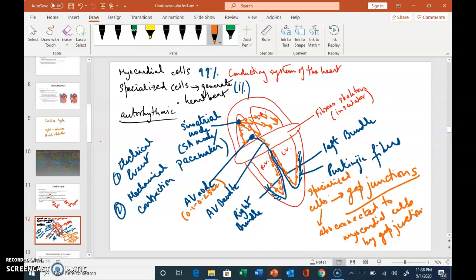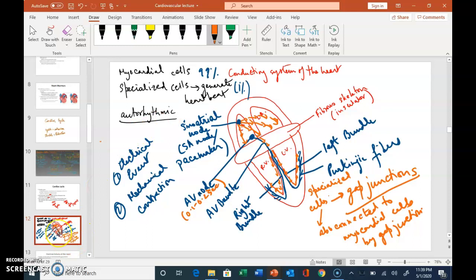So the wave of depolarization can spread from cell to cell all over the atria. Good. So remember that the specialized cells are connected to each other by gap junctions, and these specialized cells are also connected to myocardial cells, and each myocardial cell is connected to other myocardial cells by gap junctions. All right.